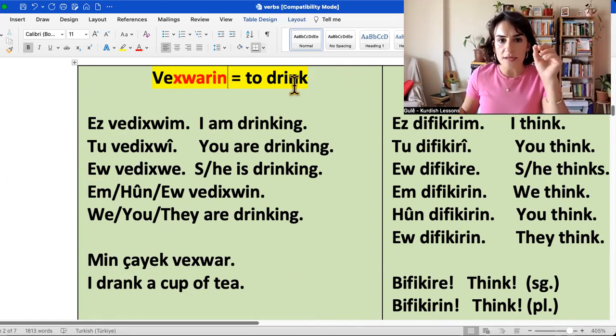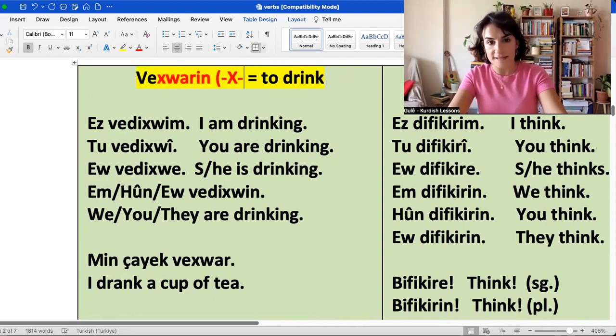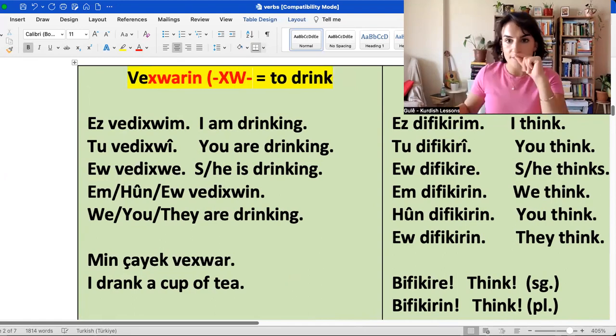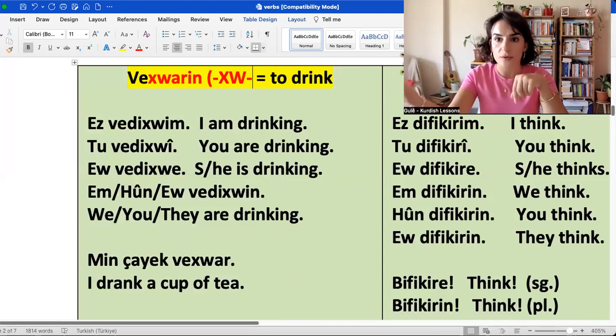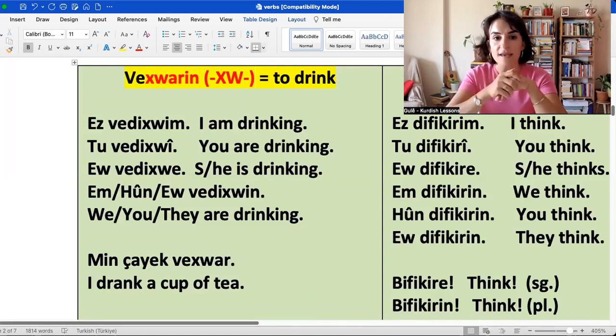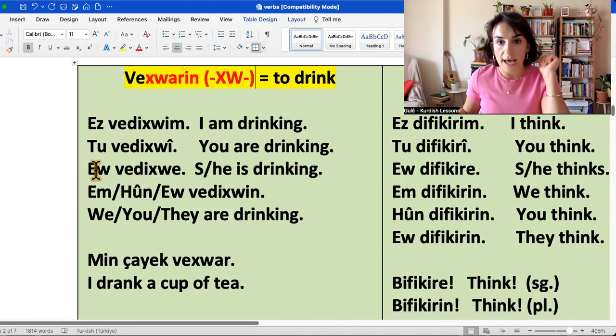You may remember that for khwaren, the present stem is khawa, right? But this verb, vahwaren, has a prefix ve, so you have to keep ve. So: vedkhum, tu vedkhi, ew vedkhe, em vedkhin, hun vedkhun.